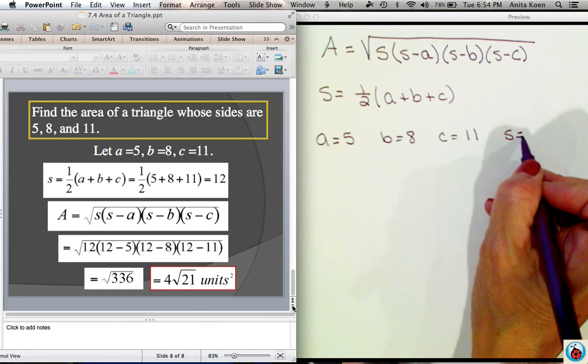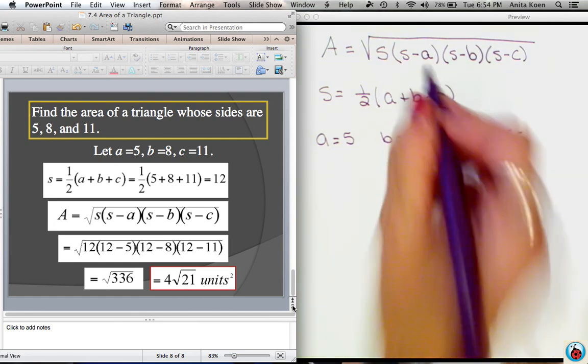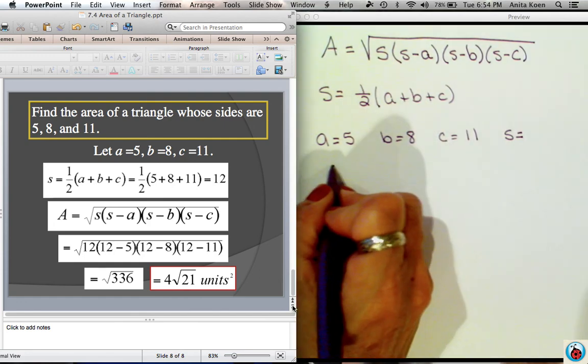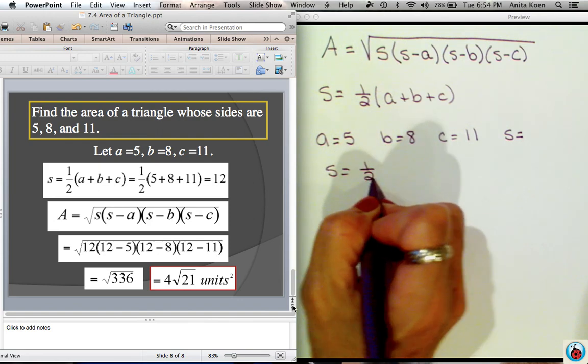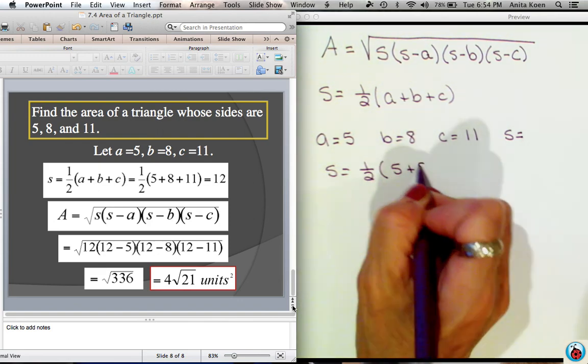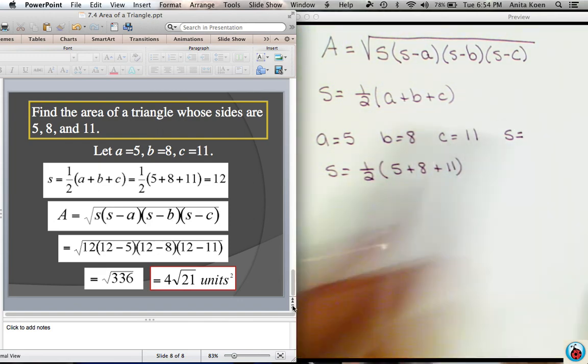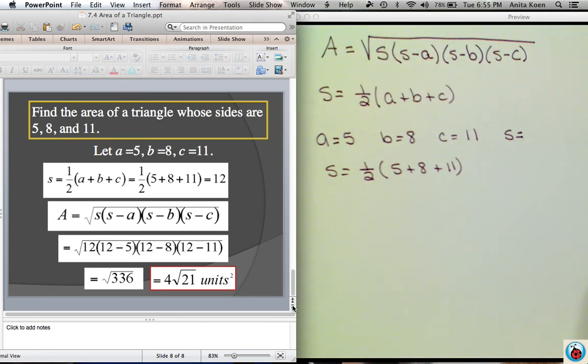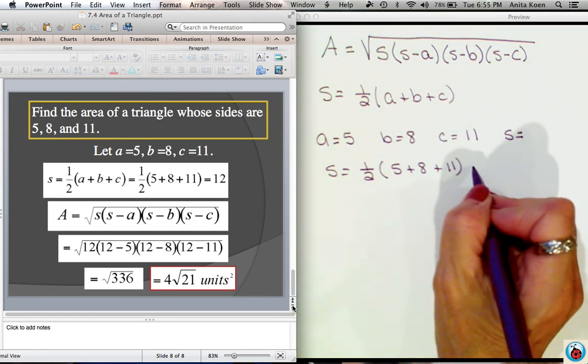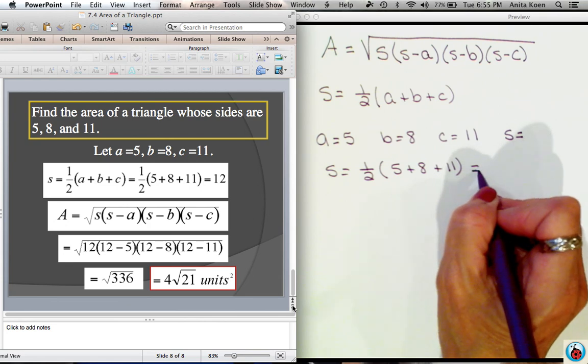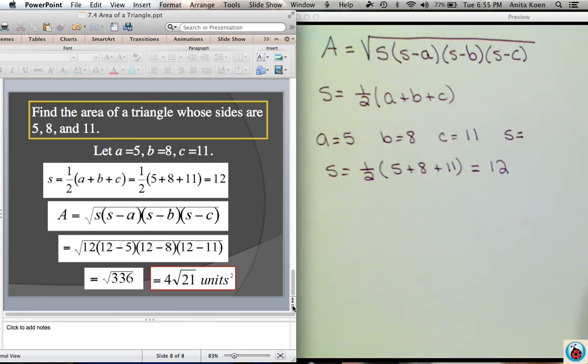So I need to know what s is so I can put it into Heron's formula. So s is 1/2 of the perimeter, 5 plus 8 plus 11. Well, 5 plus 8 plus 11 is 24, and 1/2 of 24 is 12.